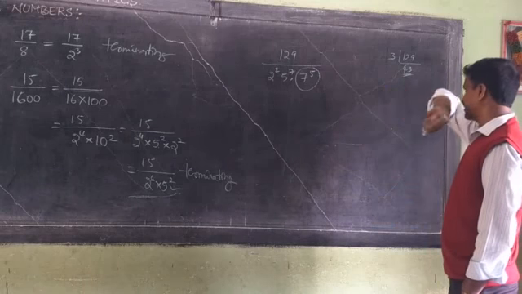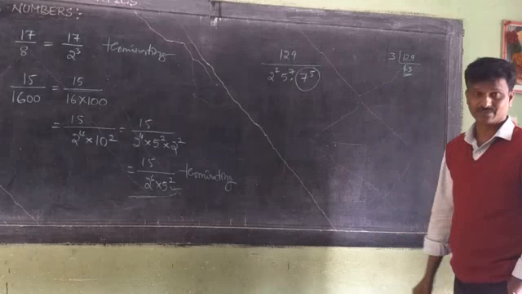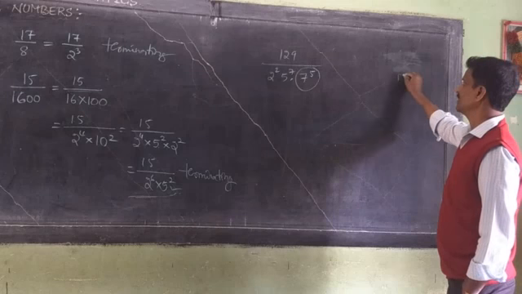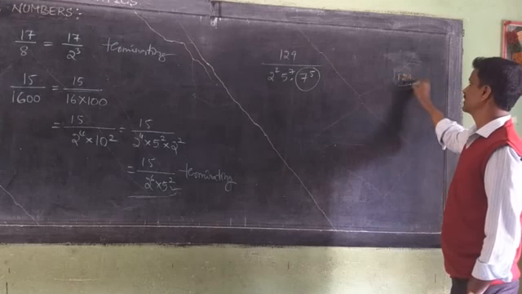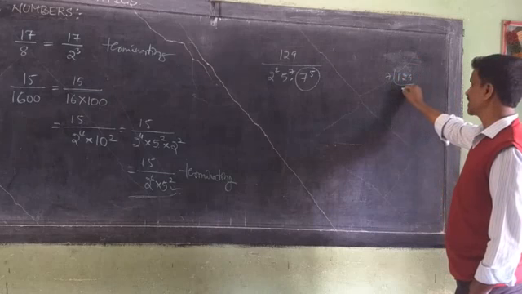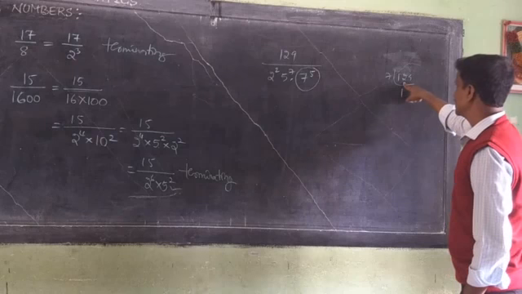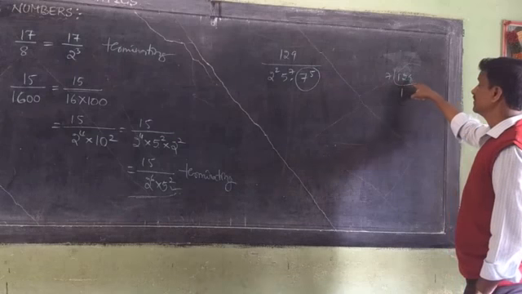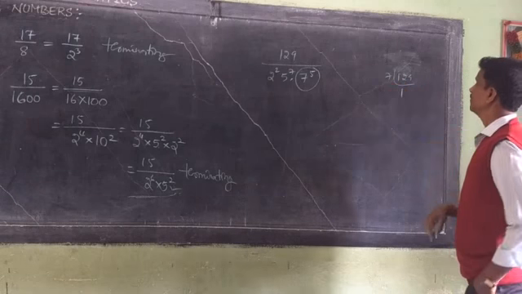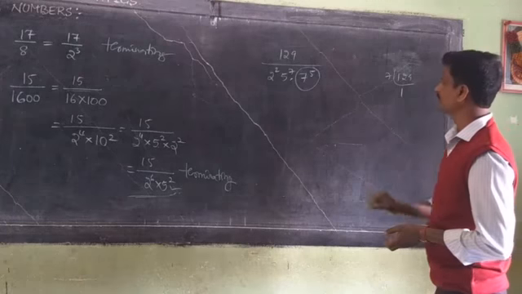Is it possible to write 129 in the power of 7? 7 ones are 7, what is remaining is 59, and 59 is not a multiple of 7. Therefore, this is not possible.